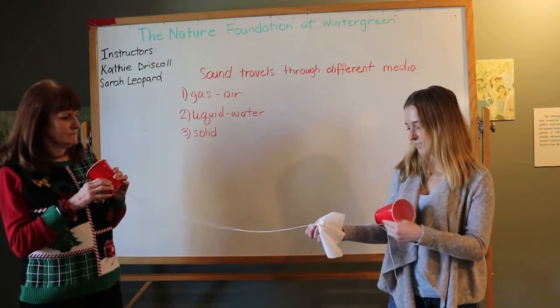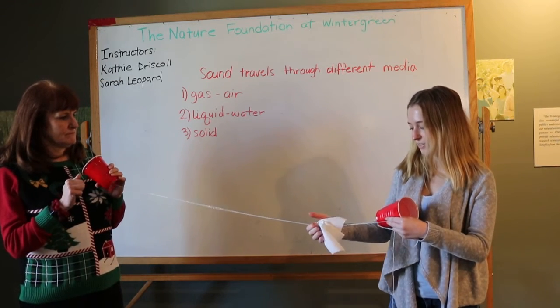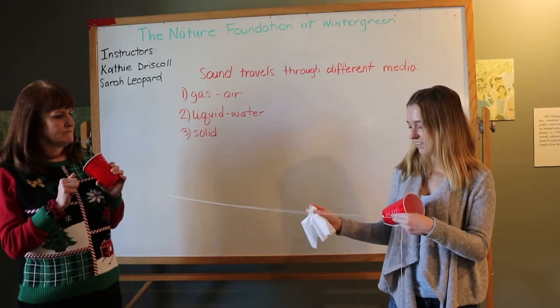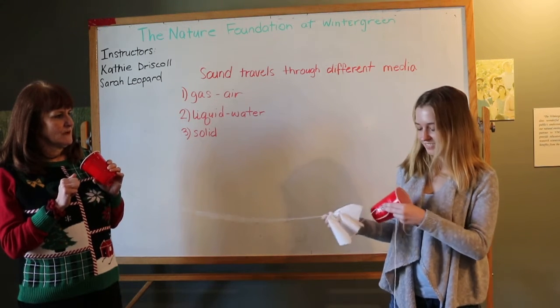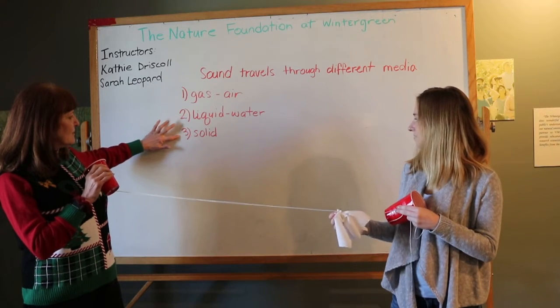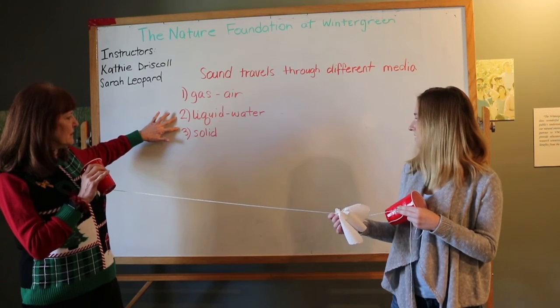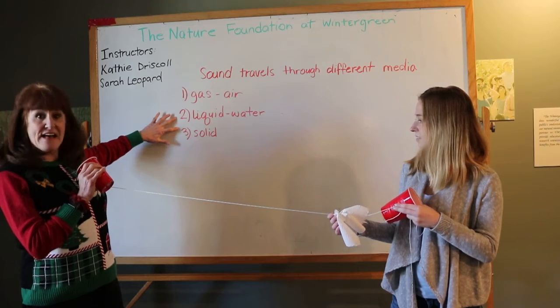Now water, as we talked about, has denser molecules, so having this friction will amplify the sound. So we're using not only this media, but this media to make it travel that much faster.